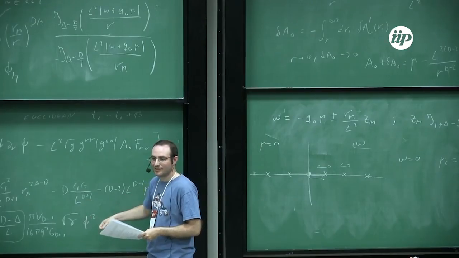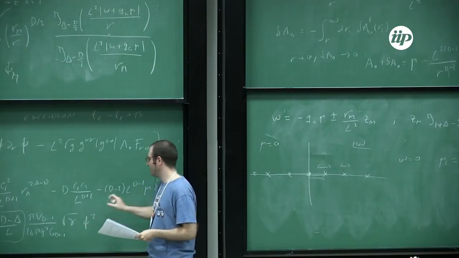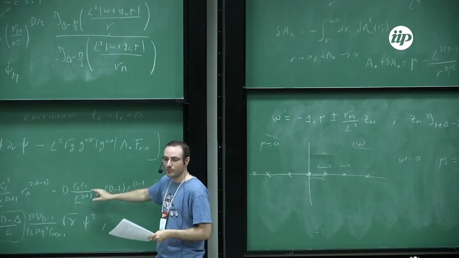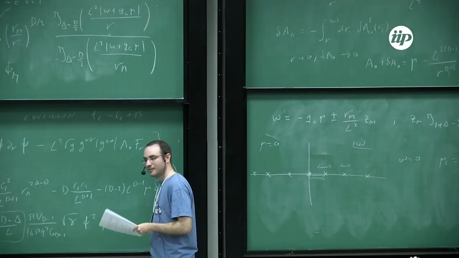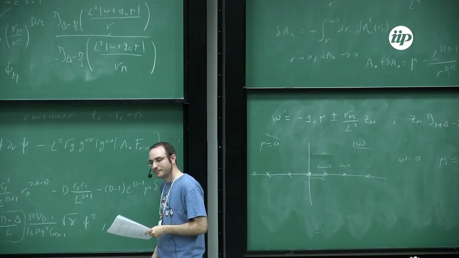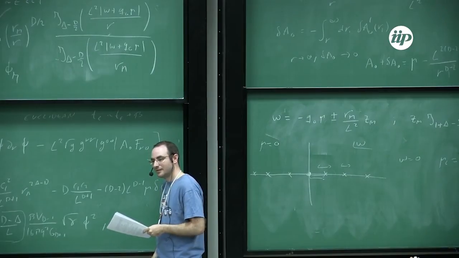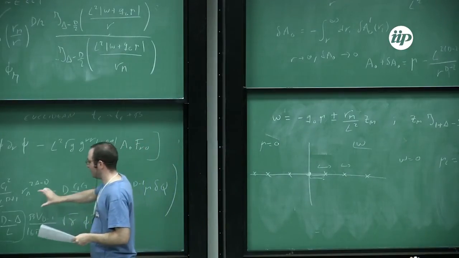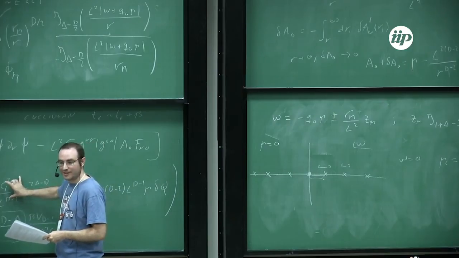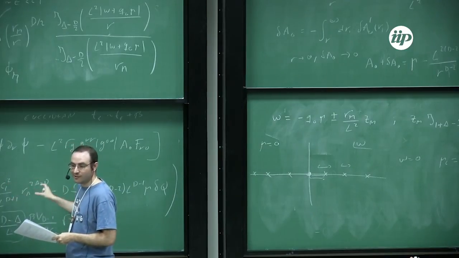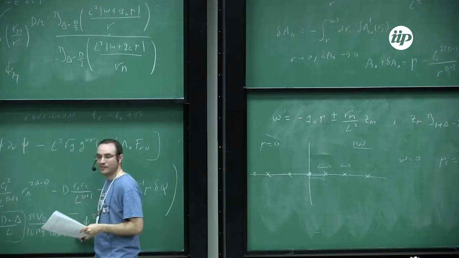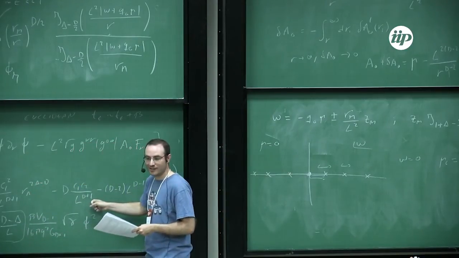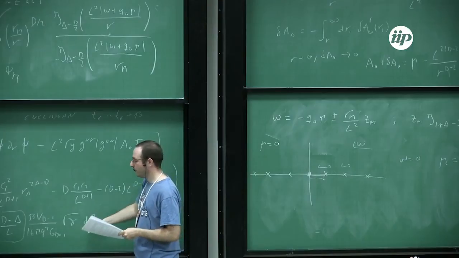So you will also kill this finite piece if you subtract for b equals 0. If you're saying to subtract just this term, then you will get the wrong result for the expectation value of the scalar operator, because this also has finite contributions that affect this part. So to do it properly, you have to add this term.